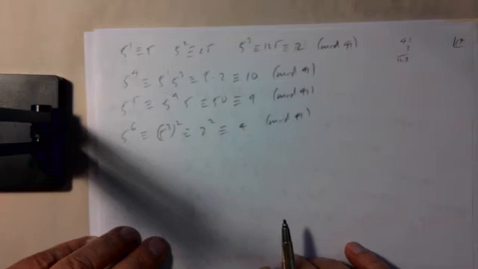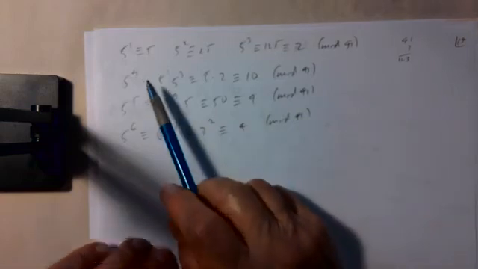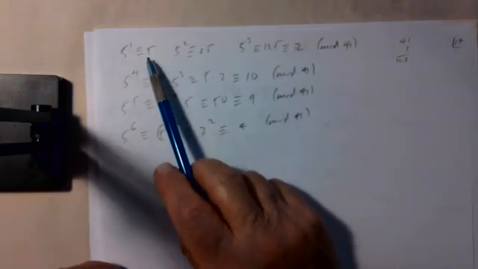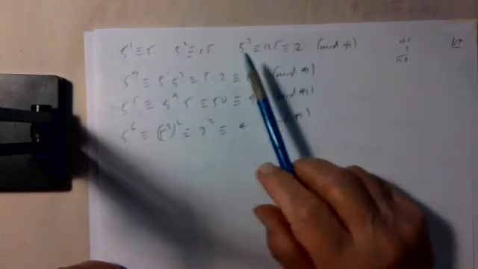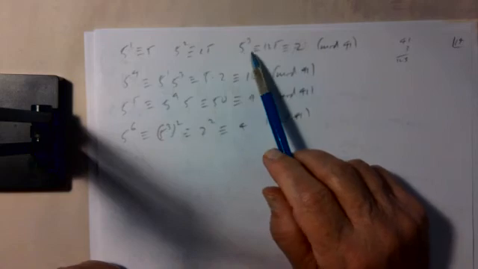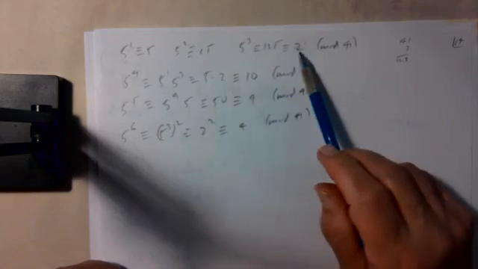So again, let me just double check everything I did. Mod 41. 5 to the first power is 5. 5 squared is 25. 5 cubed is 125.